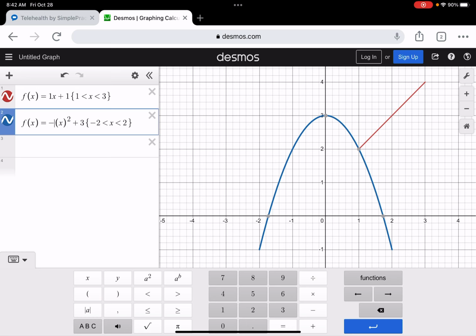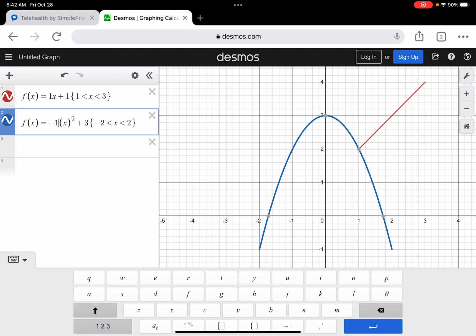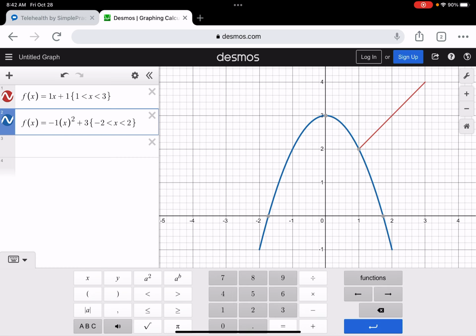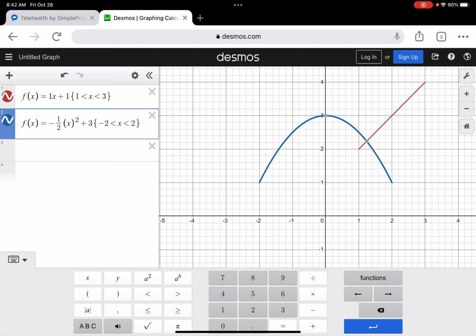So I'm going to change this to a fraction. Did you see it? Oh, half. Perfect. So to make your parabola wider, you change it to a number below 1, but above 0. So positive number below 1. To make it skinnier, you change the number higher than 1. Okay? So I think that's beautiful. The top of my snow cone.